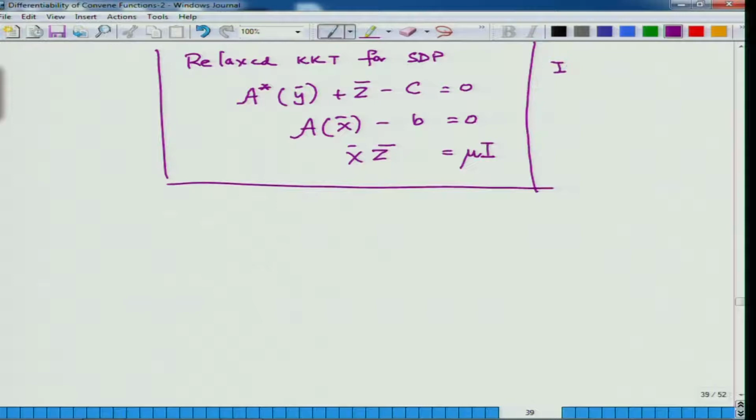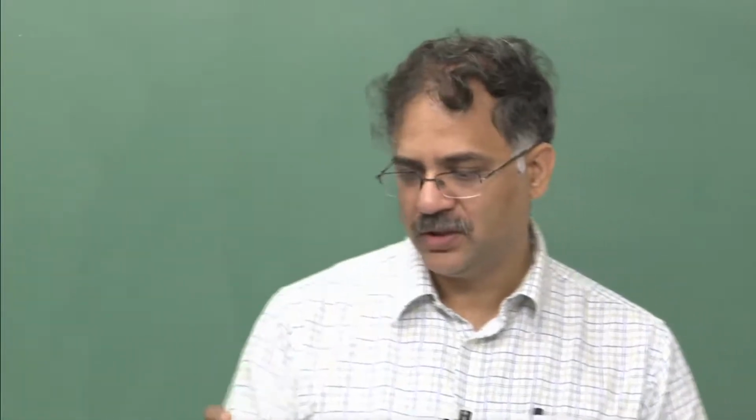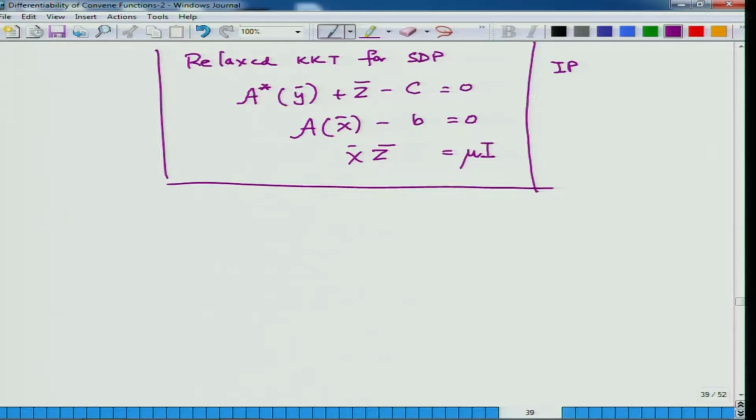IP methods for SDP exist and they are polynomial time, and we will try to discuss them a bit towards the end of our discussion, but we will not give too much stress to it. I am just showing a path by which you can do IP methods for SDP.